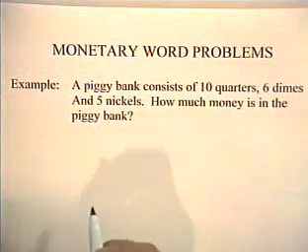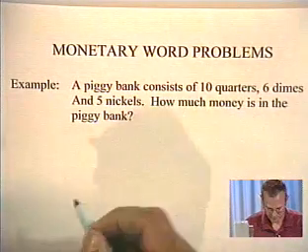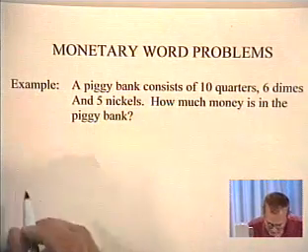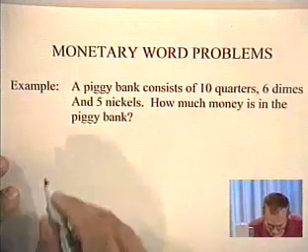We could quickly figure this out, but I want to establish a formula for these problems because the problems are going to get much more difficult than this. So this is the formula that we're going to use.